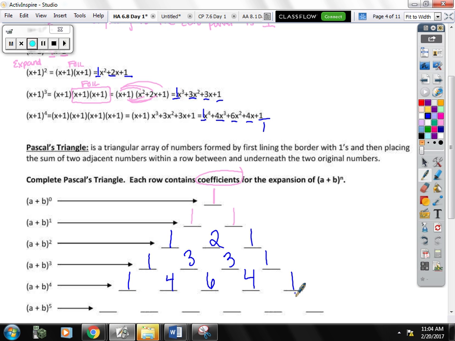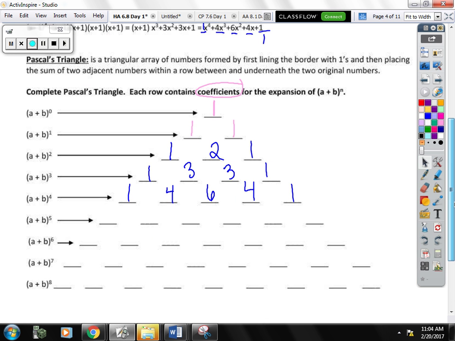Now we want to look for a pattern because we don't want to have to actually do this work every time. Like if it were x plus 1 to the 10th power, you would have to FOIL and distribute a lot of times and probably take a whole paper of work. So does anyone notice a pattern in Pascal's triangle that could help us come up with the next row of coefficients? Great.